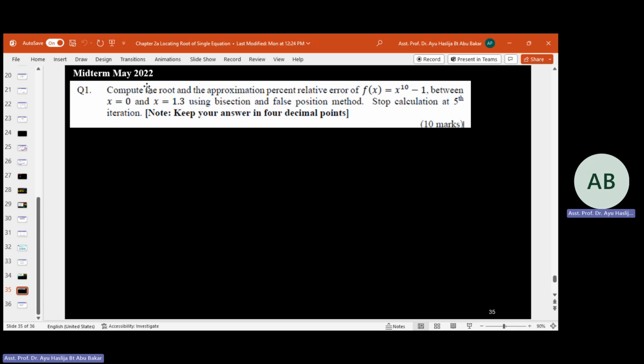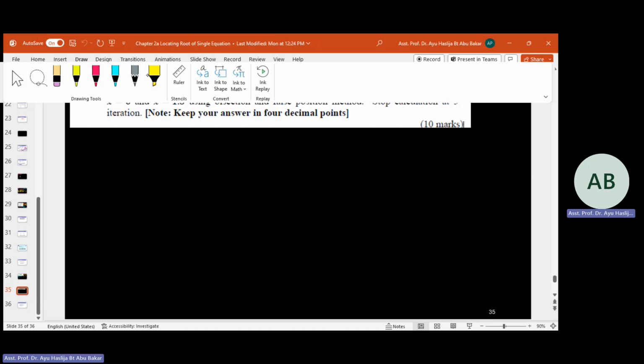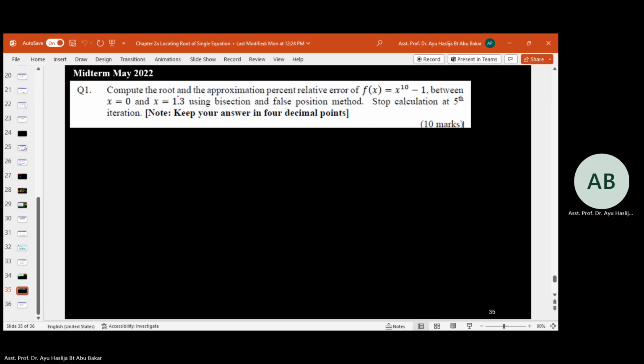The question asks you to compute the root, meaning the XR, and the approximate error, EA, of this function. This is the given function between x0 and x1.3.